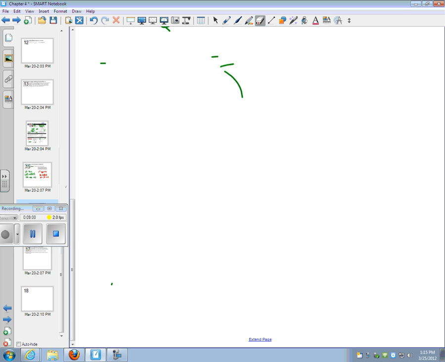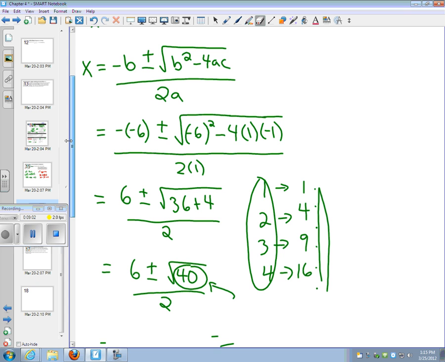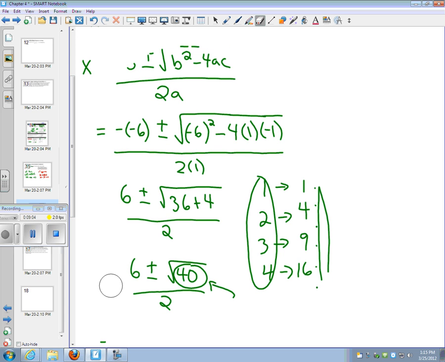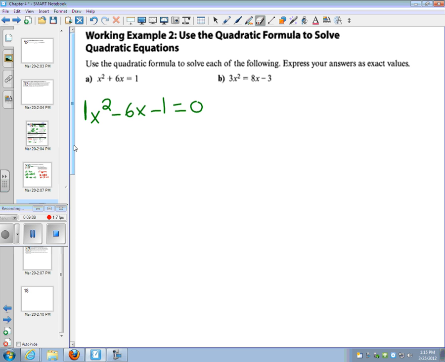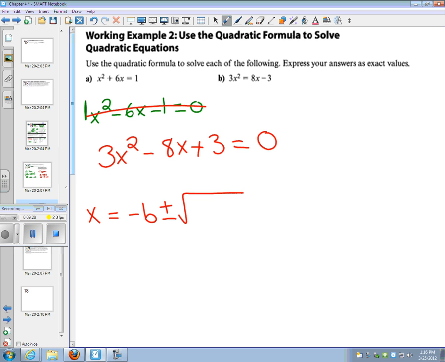Okay, let's try the next one here. So again, in question B, I am going to have to rewrite this in the correct way. I have 3x squared minus 8x plus 3 is equal to 0. And then I'm going to do the quadratic formula. X is equal to negative b plus or minus the square root of b squared minus 4ac, all divided by 2a.